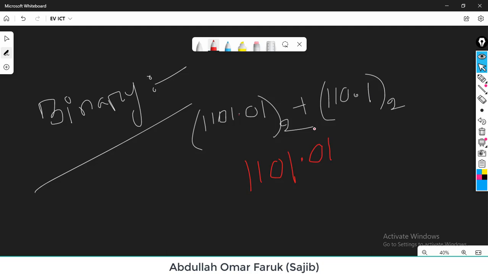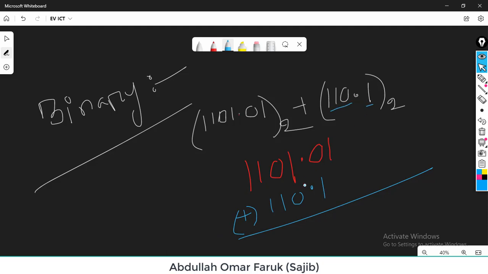So how can you do this? Let's see. I write 110 and 0.1. Is it clear? Yes, sir. This is the process. So the tough point here is the position. This is the whole part and this is the fractional part.